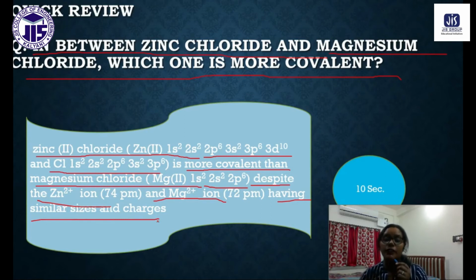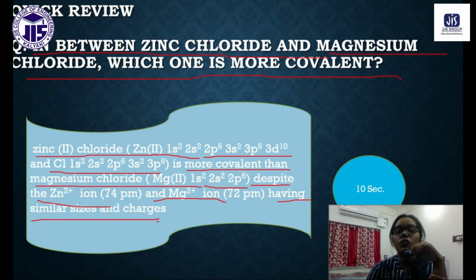Because of the electronic configuration of zinc. Zinc is 1s2, 2s2, 2p6, 3s2, 3p6, 3d10, and magnesium is 1s2, 2s2, 2p6, a fully filled shell. That is why zinc chloride has a higher amount of covalent character in the bond than magnesium chloride.